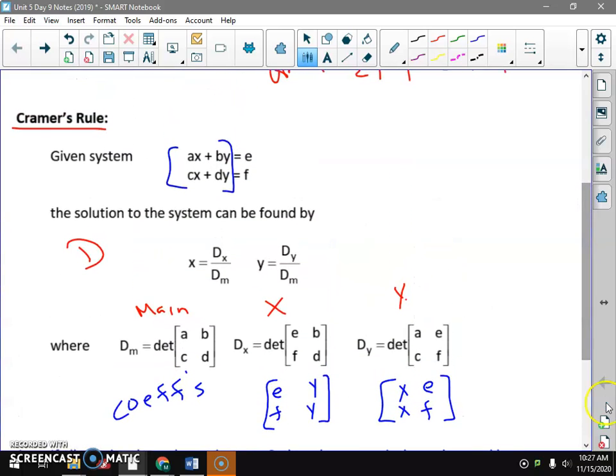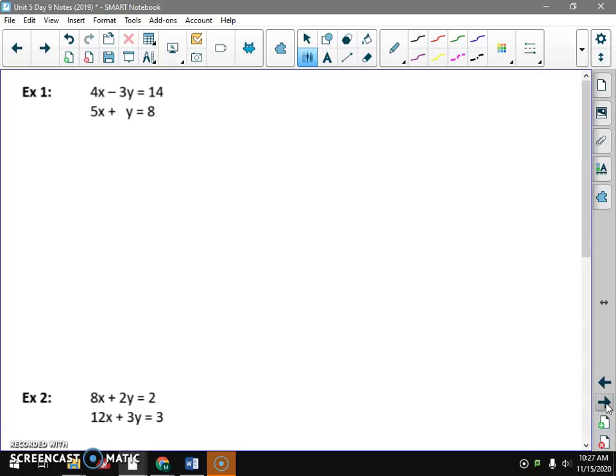Let's put some numbers to work, make a little bit more sense. Here's our system. Before now, what would you do? You would either use Gauss-Jordan elimination on an augmented matrix, or you'd use the inverse method. You need to be comfortable with both of those. Let's try a third one. So I'm going to create a main matrix first, which is 4, negative 3, 5, 1.